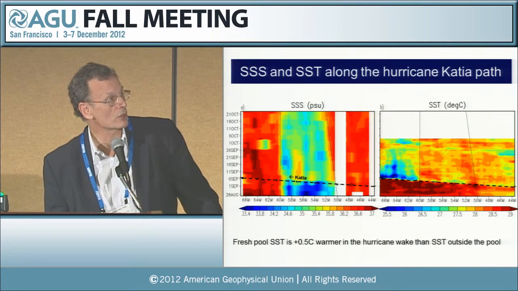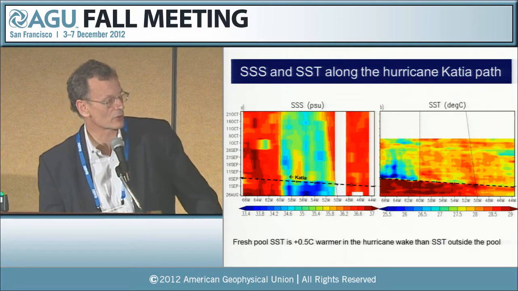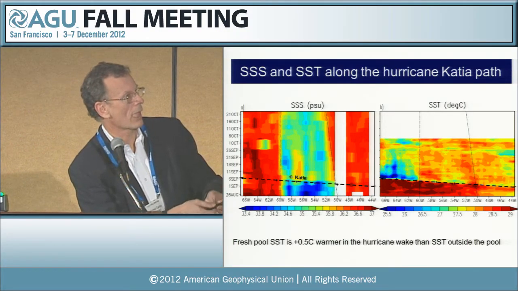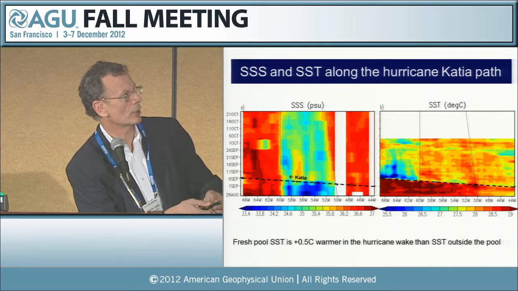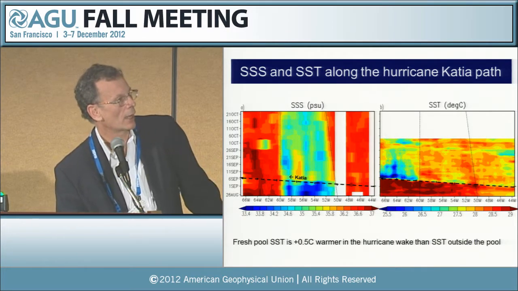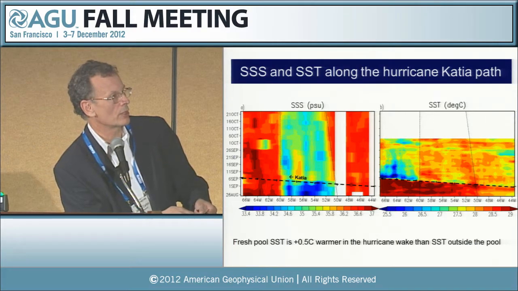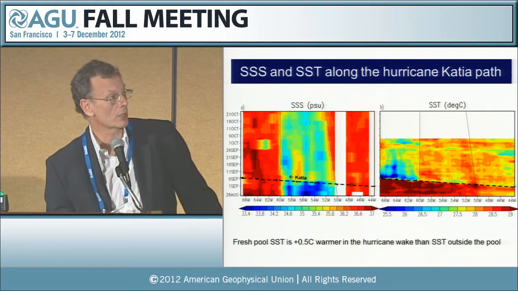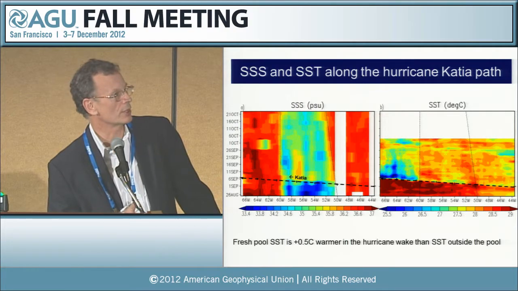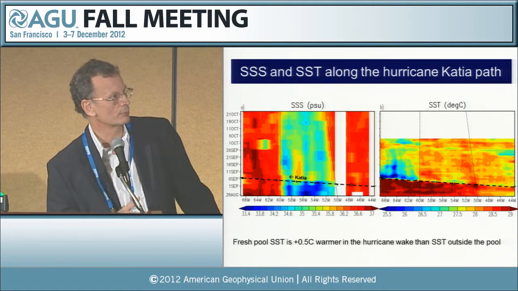You can see that this central region right here is the plume. Outside the plume, surface temperature cools dramatically. Inside the plume, the reduction in surface temperature is much less pronounced.